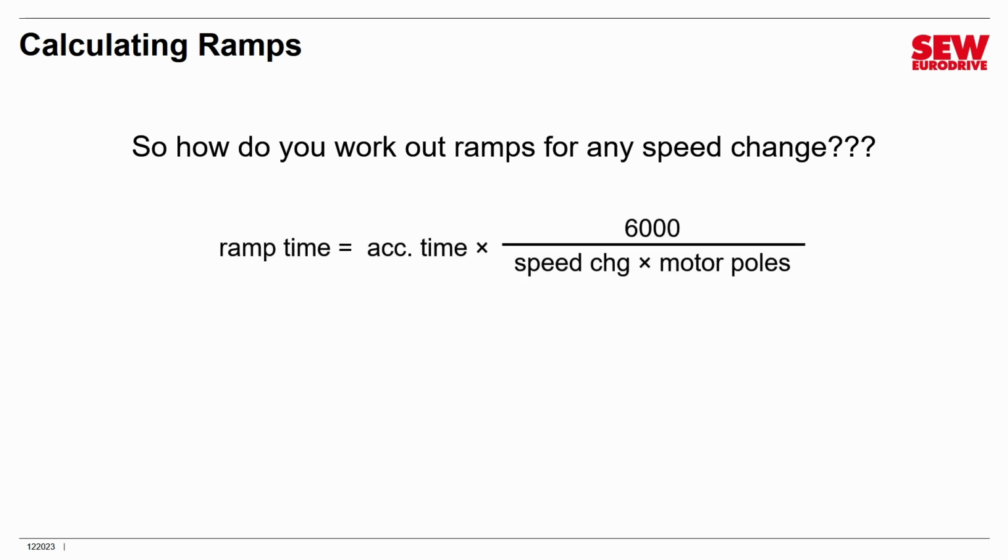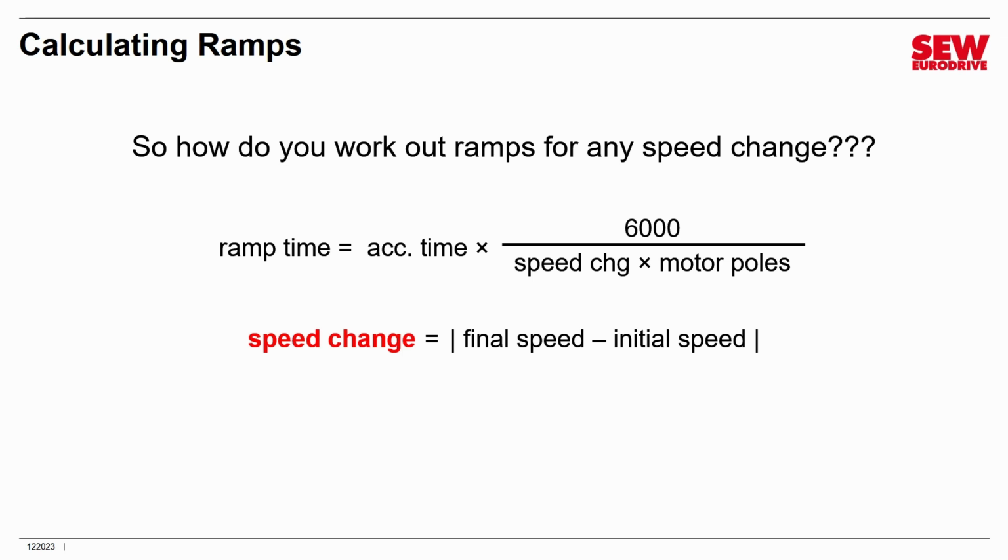There's an equation here that I've put together, and this will tell you what you need to put into the parameter to get a desired acceleration for a speed change with a motor of a given number of poles. So let's define a few terms here, and then we'll work with this equation. First of all, you notice there's something called speed change in the equation. What is that? That is the number of RPMs that are going to change from the initial speed to the final speed.